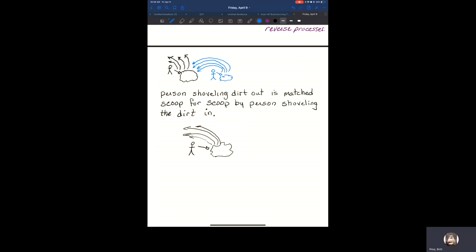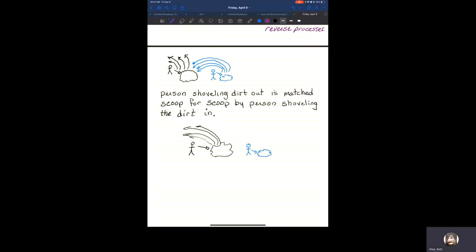Worker 2, they still have their little pile. They still have their little shovel.